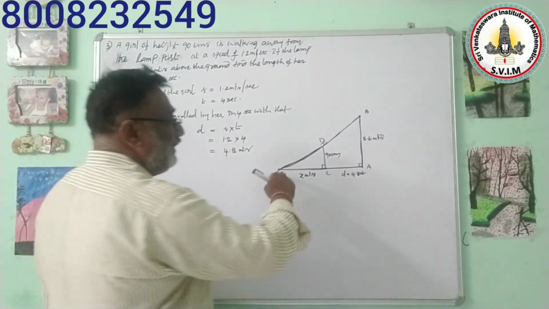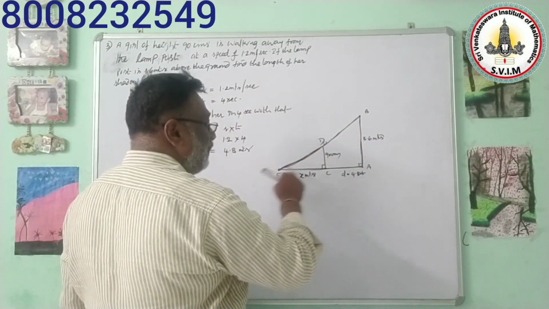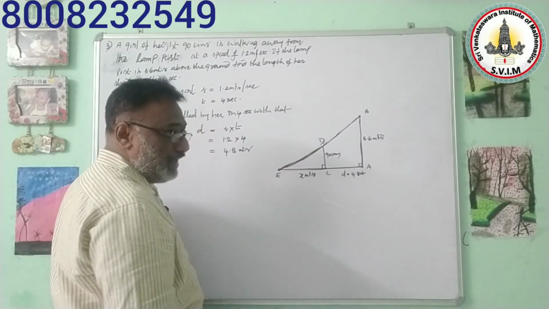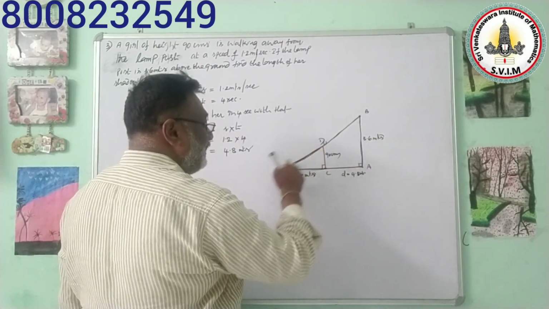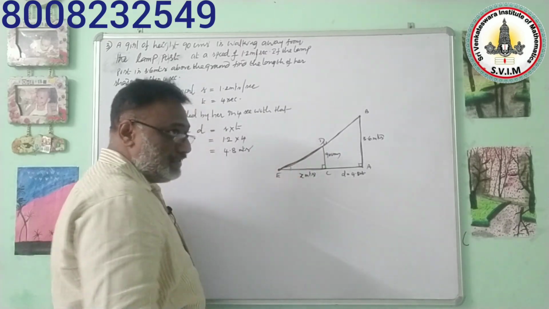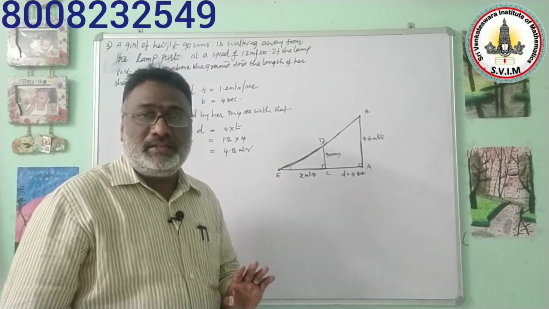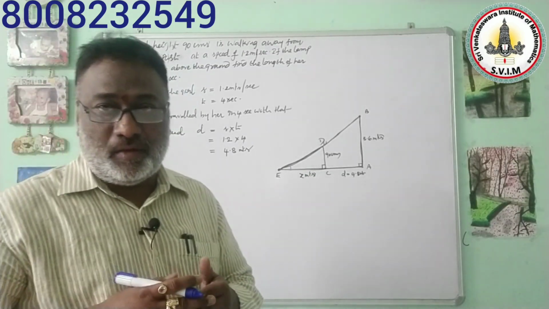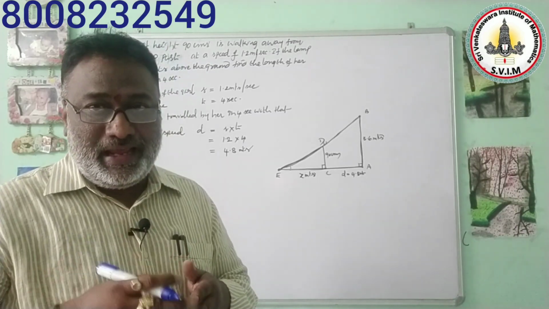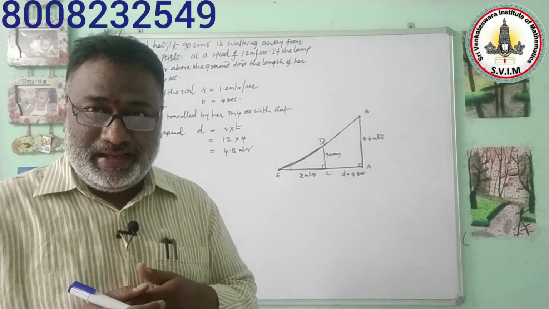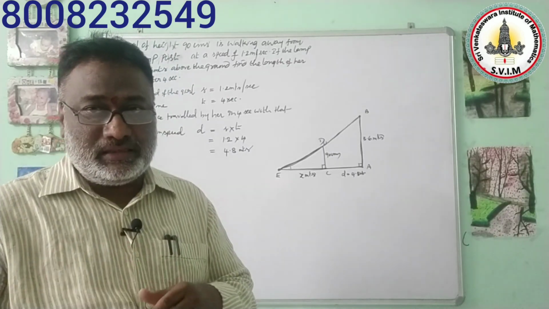In this main triangle, this angle is 90 degrees, and in this subtriangle, this angle is also 90 degrees. This angle is common for both triangles. So in the main triangle and the subtriangle, two pairs of corresponding angles are equal. According to the AA corollary, it is easy to say that the two triangles are similar.